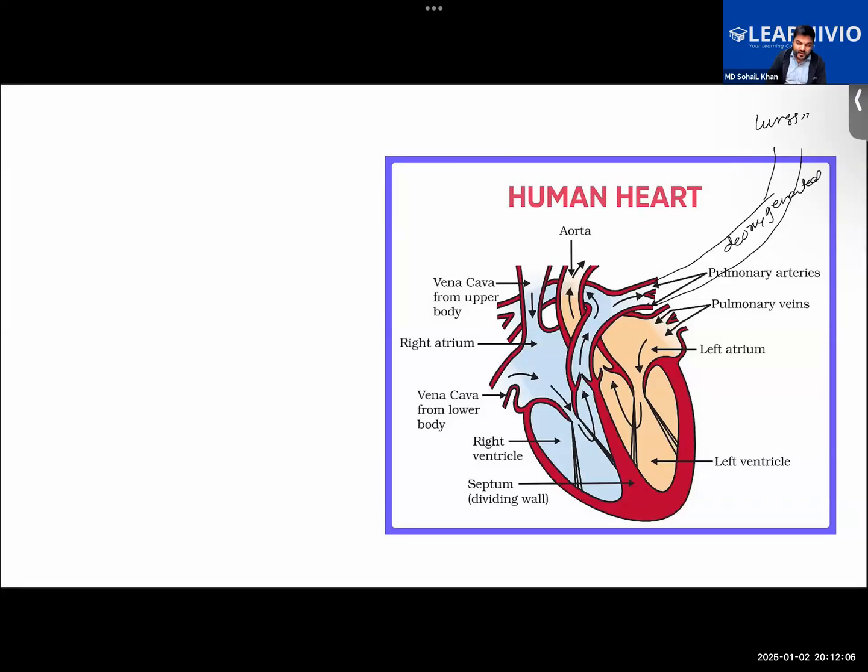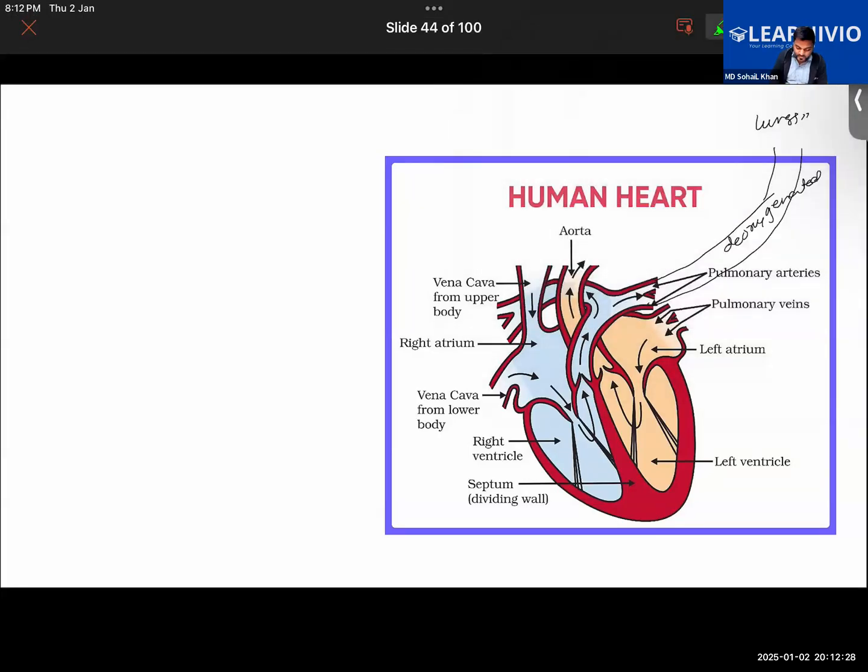Now the question is why at all are we calling this the pulmonary artery? Because we know arteries are the blood vessels that carry the blood away from the heart. So it fits under that definition. Thereby we call this the pulmonary artery, despite it carrying deoxygenated blood. This is the special type of blood vessel we have here.